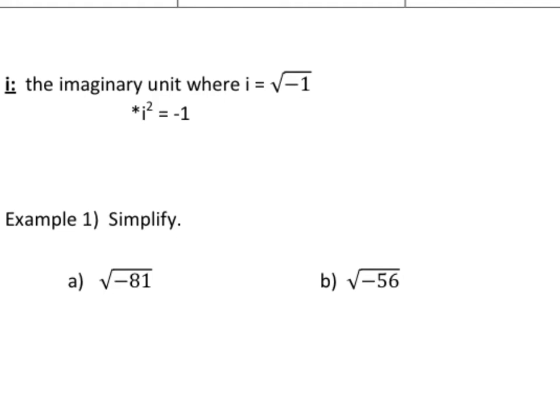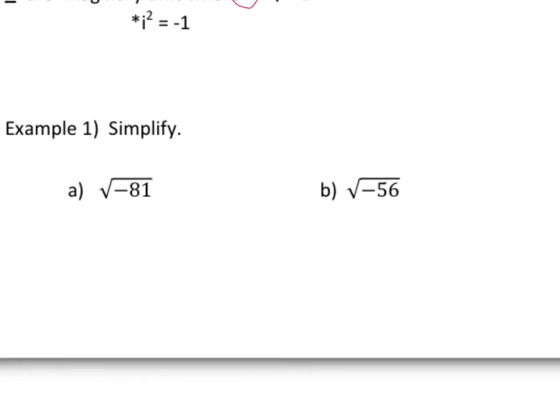The notation is that if you have a root of a negative number, the negative part can be handled with the i notation. For example, below we have root of negative 81. Root of negative 81 is the same as root of 9 times negative 1.